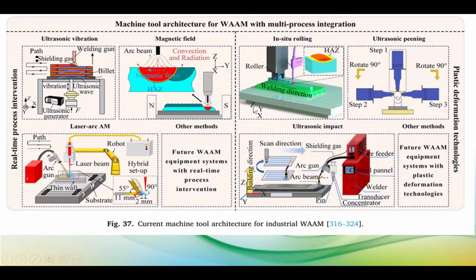And the next thing they are suggesting is the use of a hollow type filler material, and in the middle annular portion, they are filling some materials. It can be an additional alloying material. It can be a composite filler material.